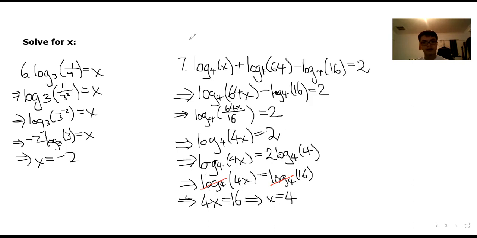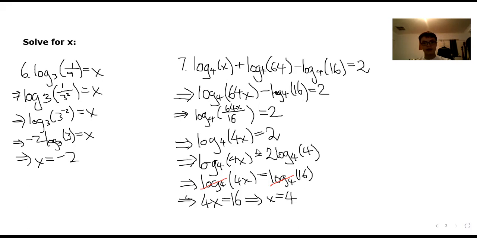All right, so this one is a little bit tricky, but it shouldn't be too difficult once you get your head around it. It's just using multiple log laws. So in summary, to make things easier, we add those two logarithmic numbers together, and then we just get log 64x with base 4, and then subtract that by this log number here. From there you can simplify it to get log 4x with base 4, and that equals 2.